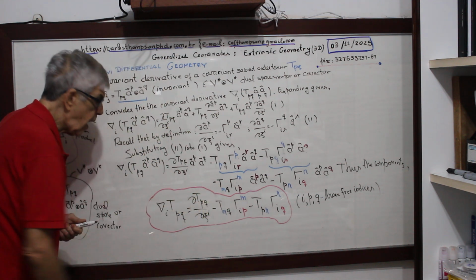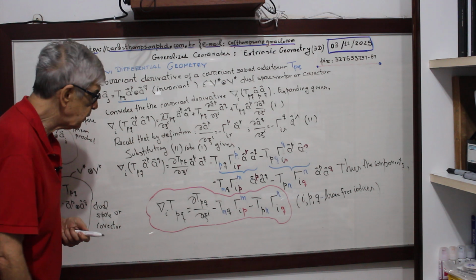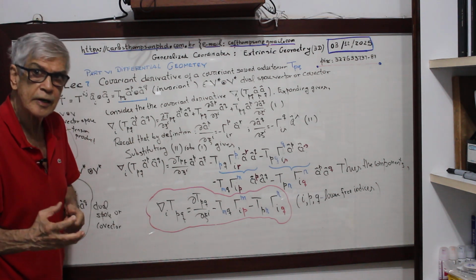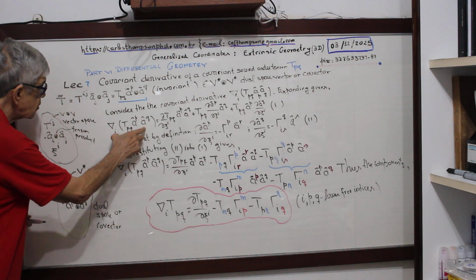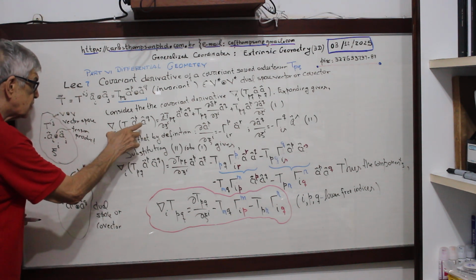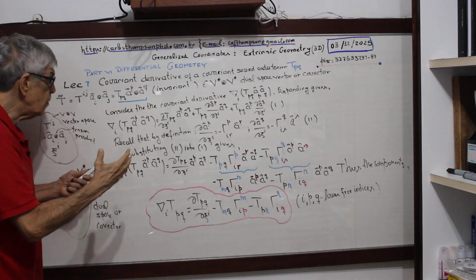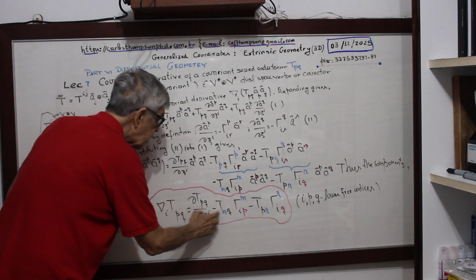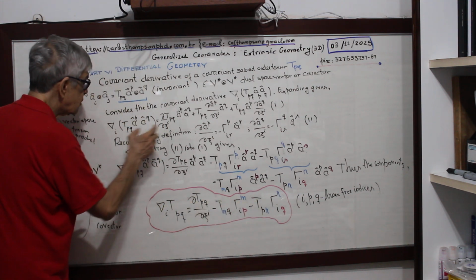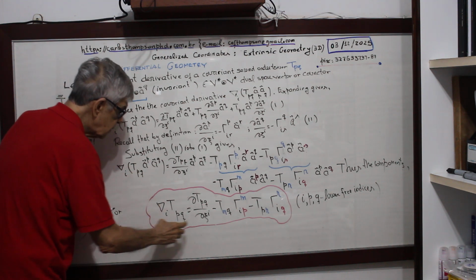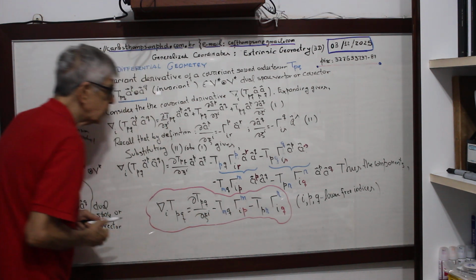When I expanded the components of the contravariant, this term over here, if I expand, leads to the plus sign. This term over here, which is the blue one, leads to the minus sign here, okay?